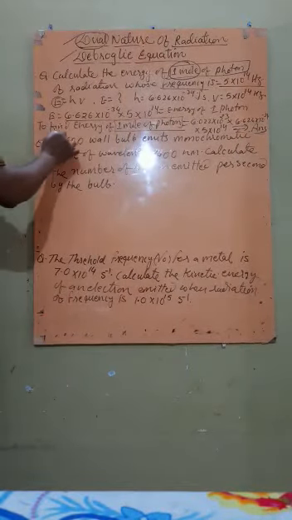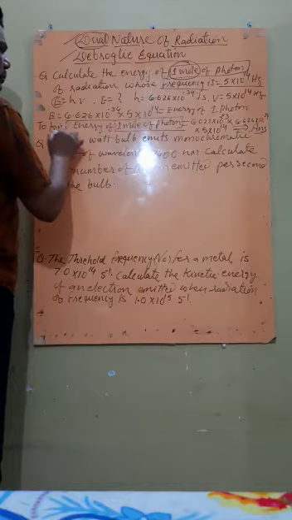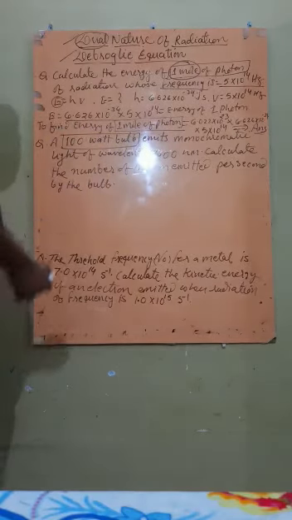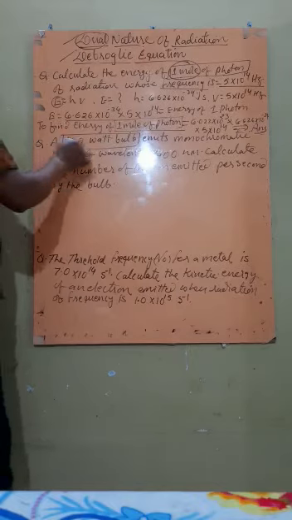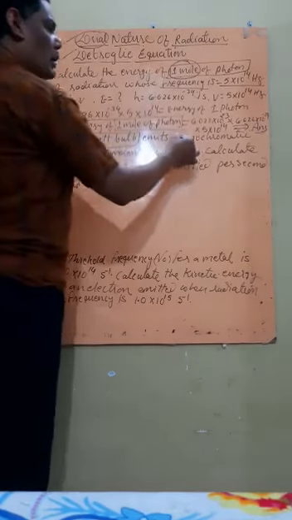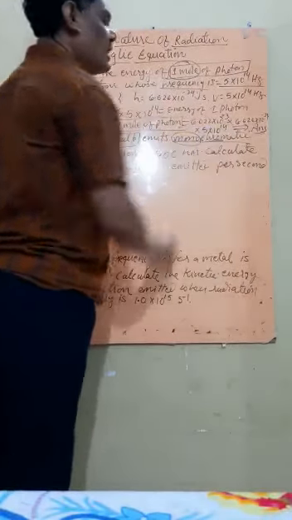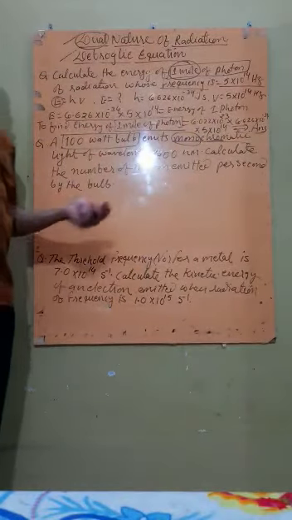Second question is a 100-watt bulb, which we are using at our home. A 100-watt bulb emits monochromatic light. Monochromatic, mono means what? One, chrome means what? Color. Suppose there is a red color bulb, a yellow color bulb or a blue color bulb.